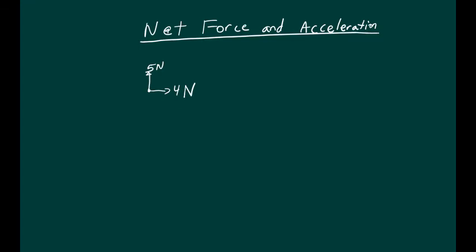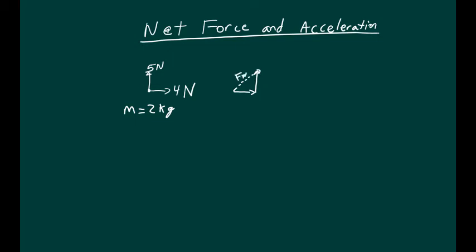All right, let's look at this type of problem. We have 5 newtons north, 4 newtons to the right. We want to find the net force, and the acceleration, we'll just say the mass is 2 kilograms of this object. So it's being pushed north 5 newtons and to the right 4 newtons. Well, for this, we just want to imagine this turning into a right triangle, and we want to find that resultant.